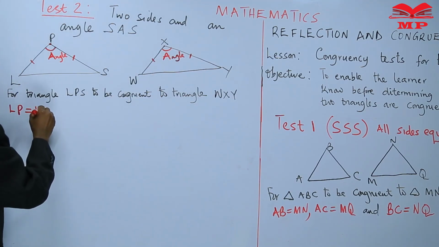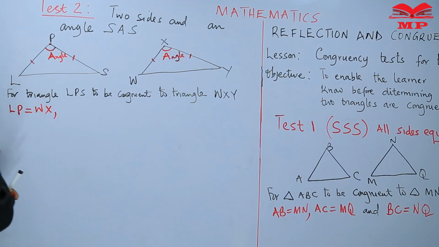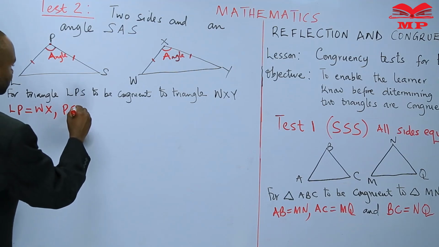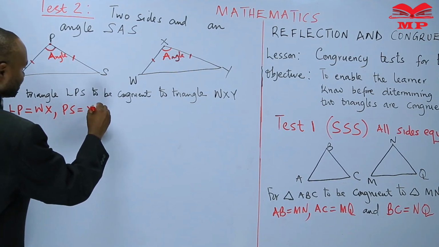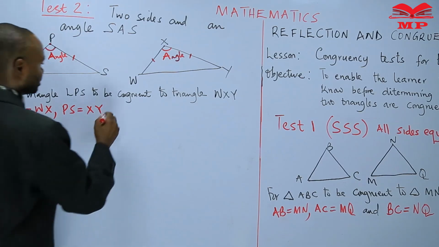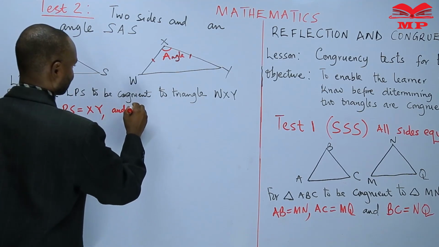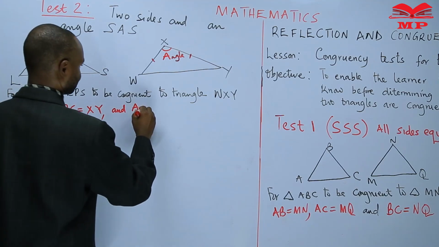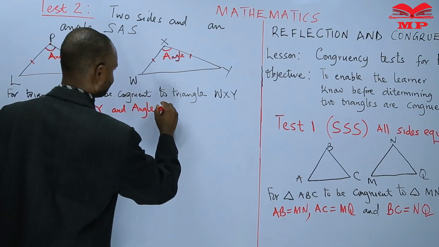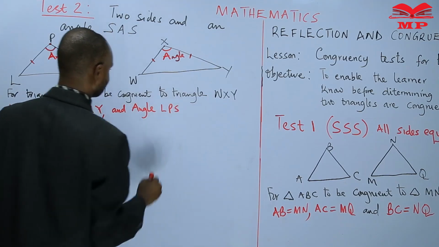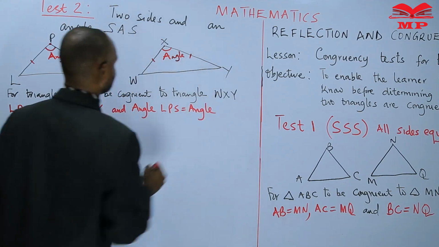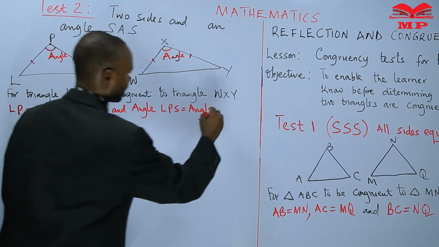WX, comma, PS should be equal to XY, comma, and angle LPS should be equal to angle WXY.